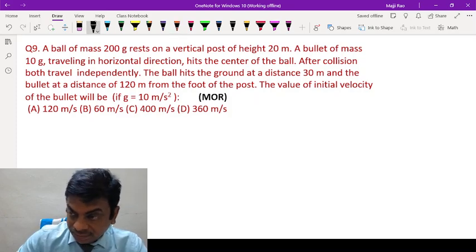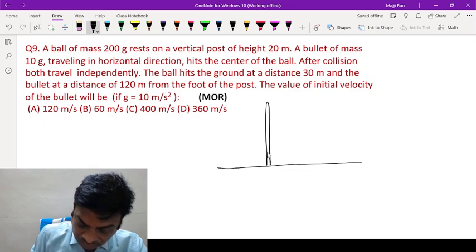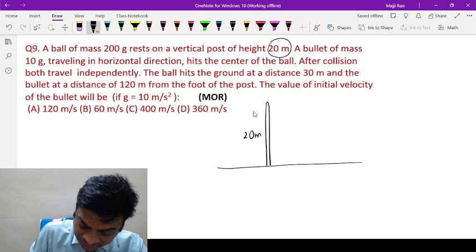Right. A simple diagram will clarify everything. So let us say this is the post. The post is 20 meters high, and there's a ball here and a bullet.